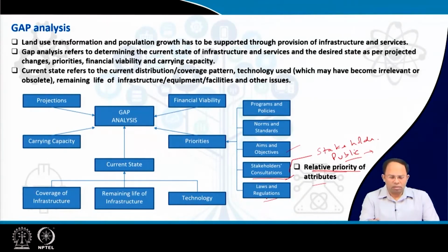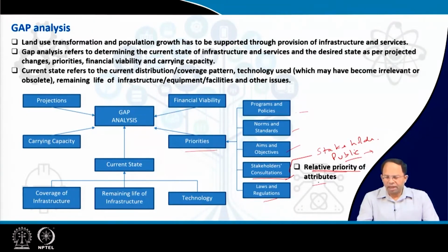Then, based on these norms and standards, that is, what are the ways service should be provided, general guidelines and all this, and the government policies and programs which are being implemented for that particular time period or by that particular government, all this is considered in determining overall priorities of service provision for a particular urban area.